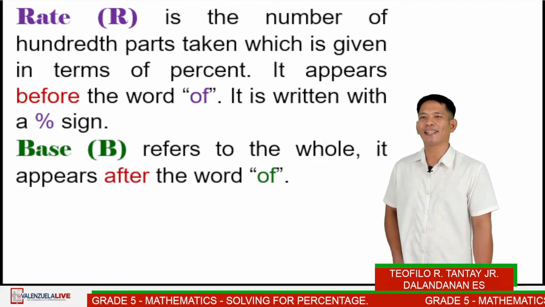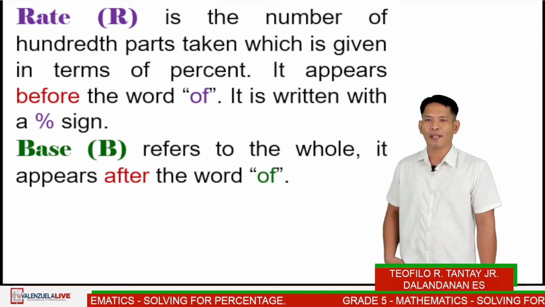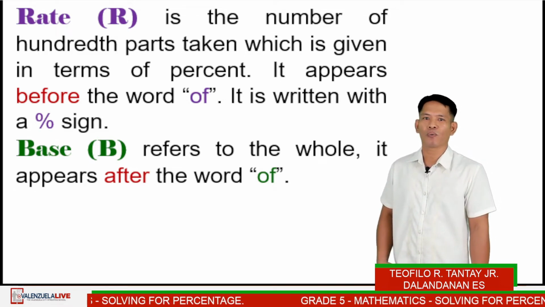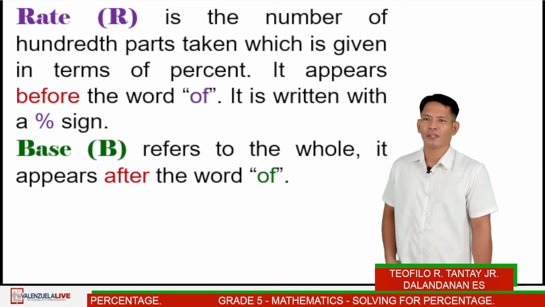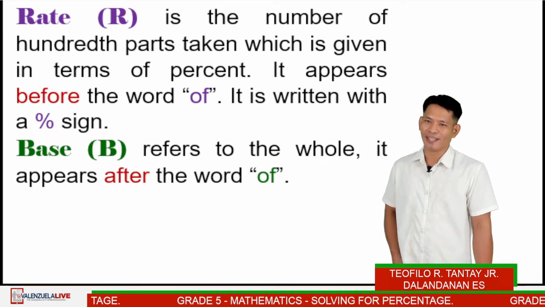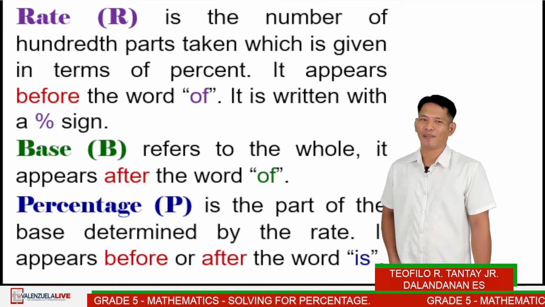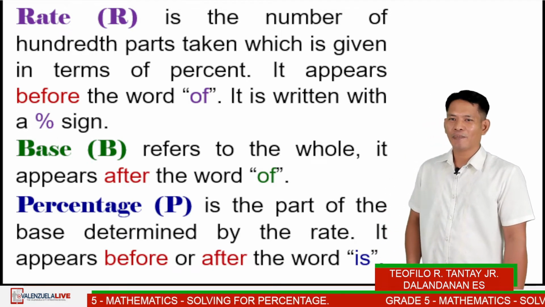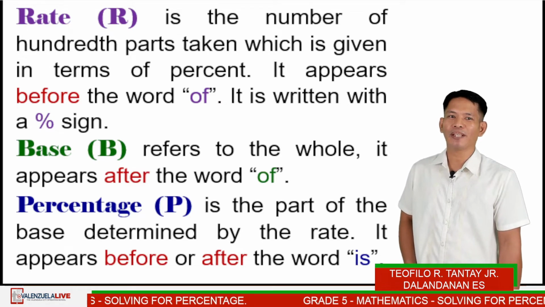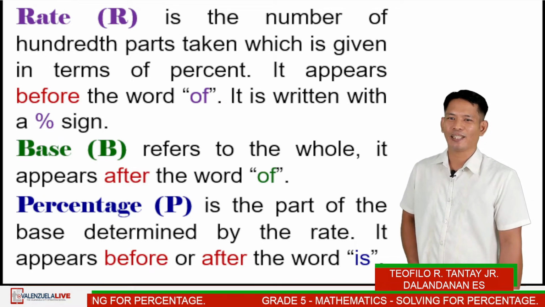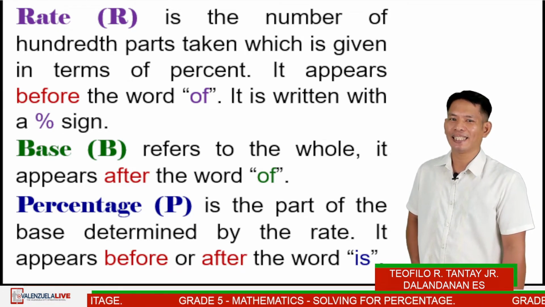Base is represented by capital letter B. It refers to the whole. It appears after the word of. So the number after the word of represents the base. How about the last one, percentage? Percentage, represented by capital letter P, is a part of the base determined by the rate. It appears before or after the word is.